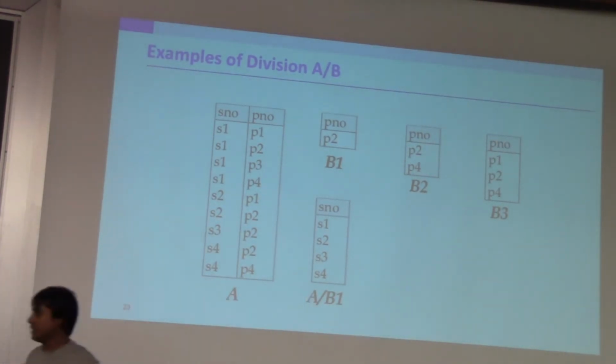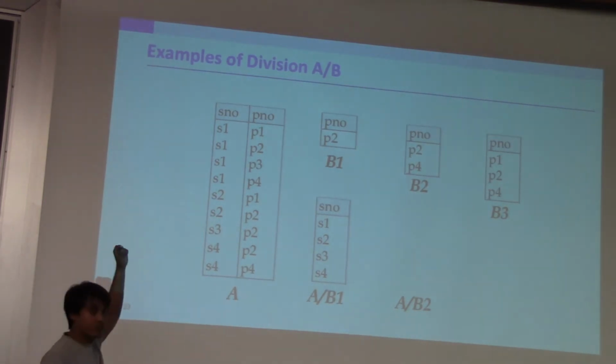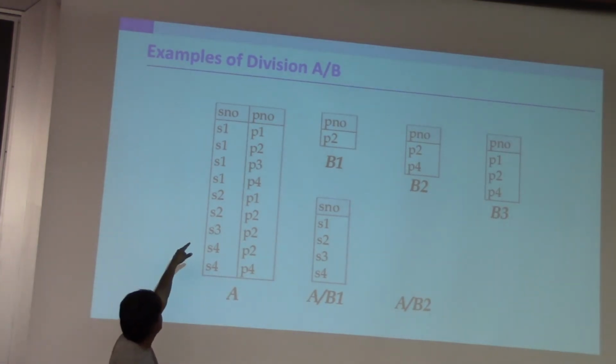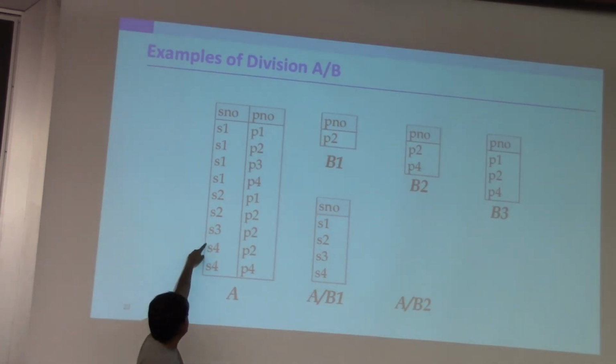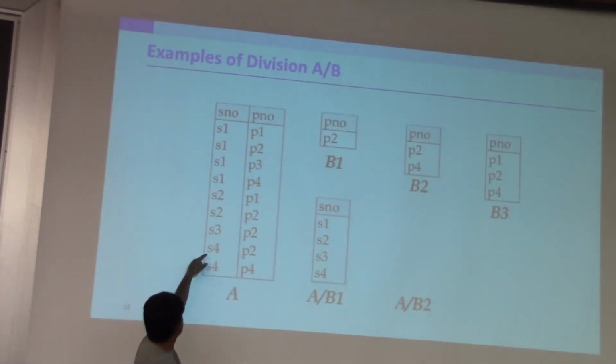But now let's see with two attributes, P2 and P4, right? S1 has P1, P2, P3, P4, so it has P2 and P4. S2 has P2, but it doesn't have P4. S3 has P2, but it doesn't have P4.